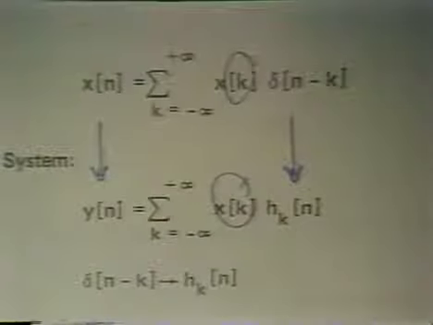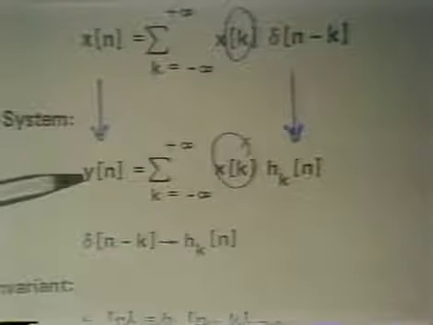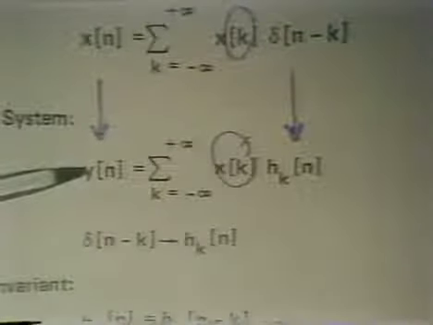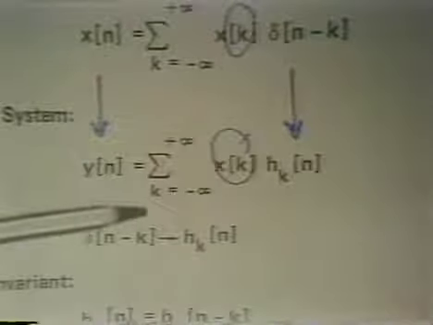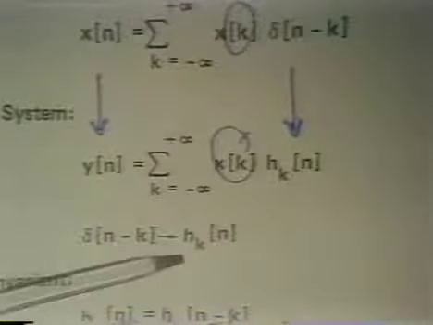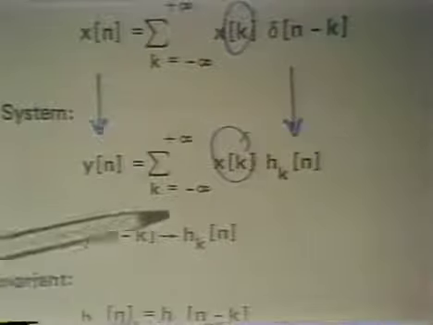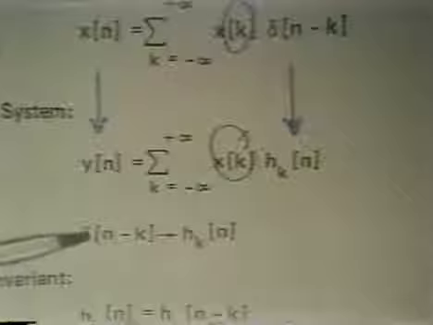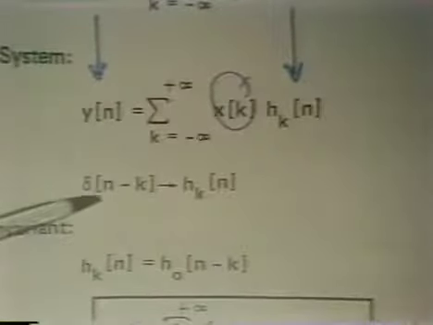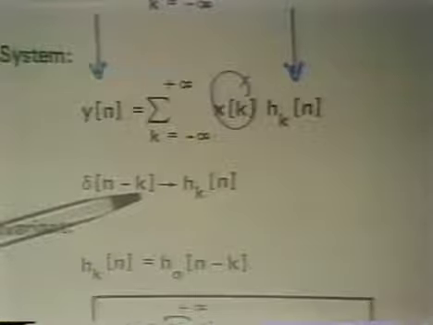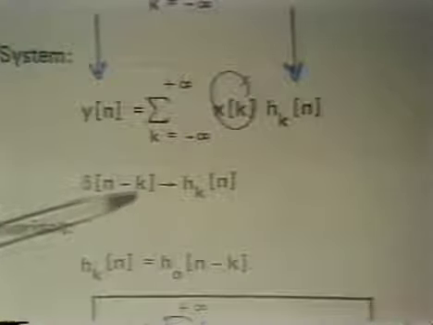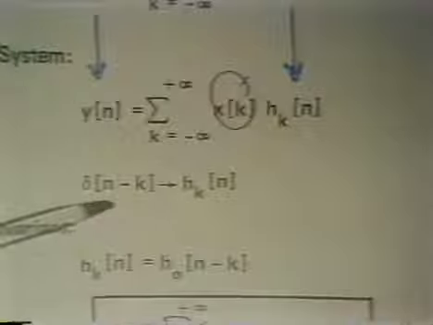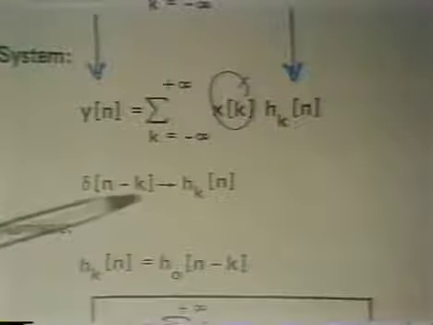So for a linear system, we have this representation, and if in addition the system is time invariant, we can in fact relate the outputs due to these individual delayed impulses. Specifically, if the system is time invariant, then the response to an impulse at time k is exactly the same as the response to an impulse at time 0 shifted over to time k.